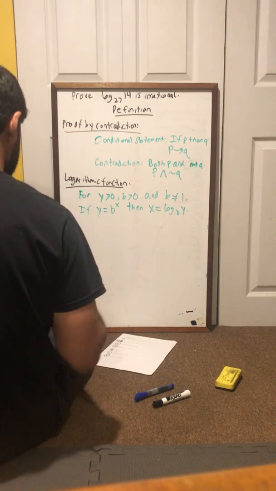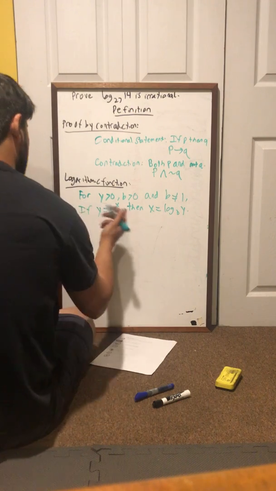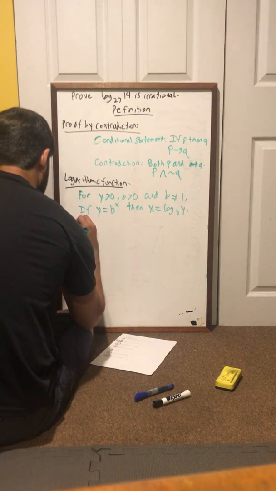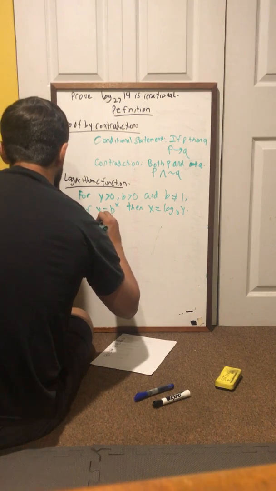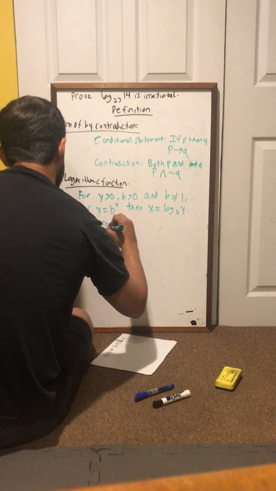So y equals b to the power of x is the exponential form.